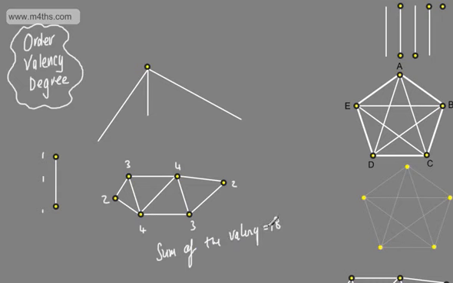If I take the arcs or edges, we've got 1, 2, 3, 4, 5, 6, 7, 8, 9. So we can always see now that the number of arcs or edges is going to be half the total sum of the valency. And hopefully that shows you why. Each arc now adds 2 to the total valency.